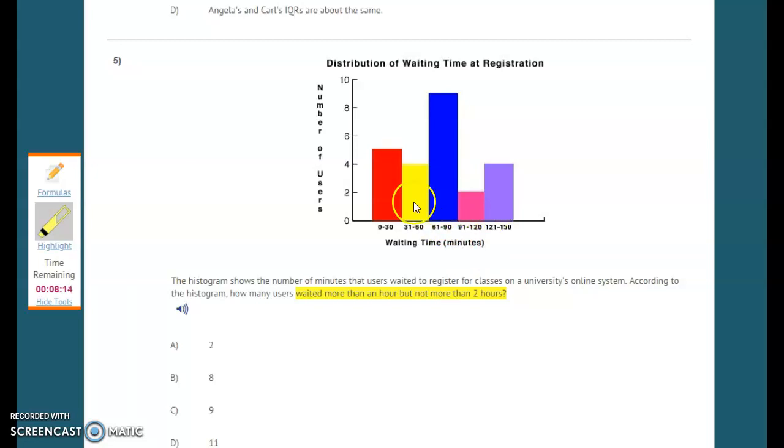So then you're going to look at your time frame in minutes on your chart between 1 hour waited more than 1 hour, but not more than 2 hours. So you're going to look at that range on your histogram and you're going to get your answer of users. So that means you're going to have to combine or add your answer to get your total number of users.